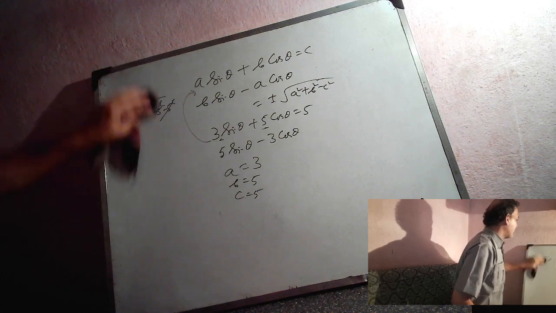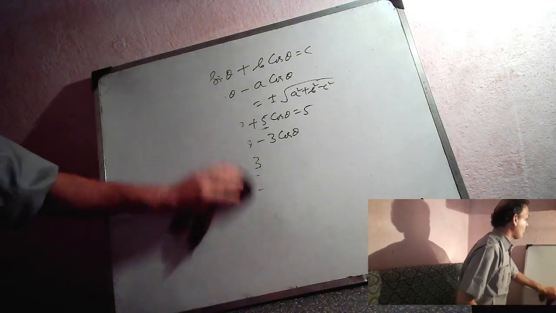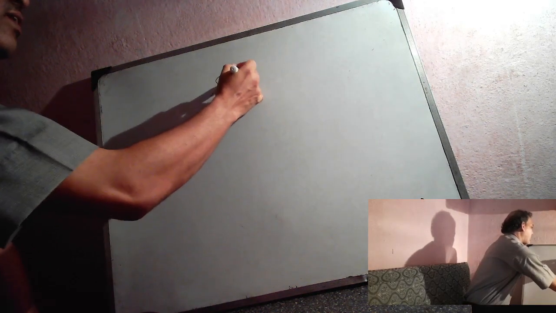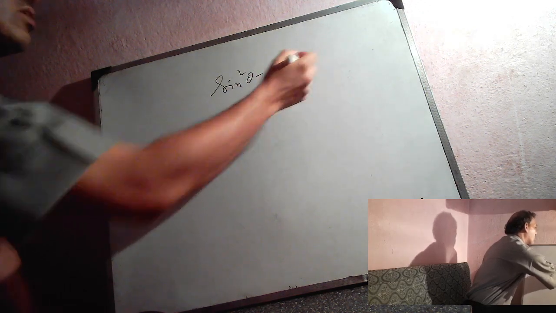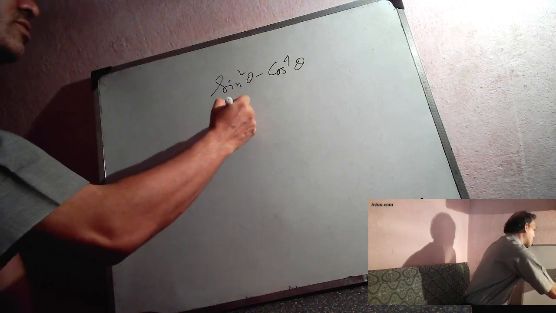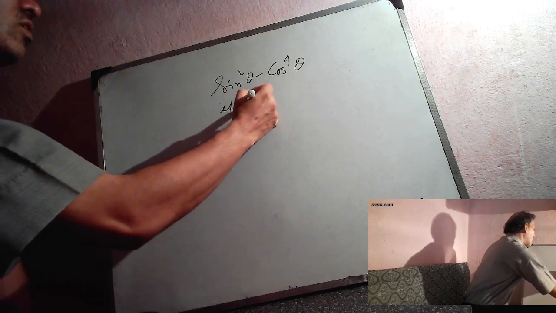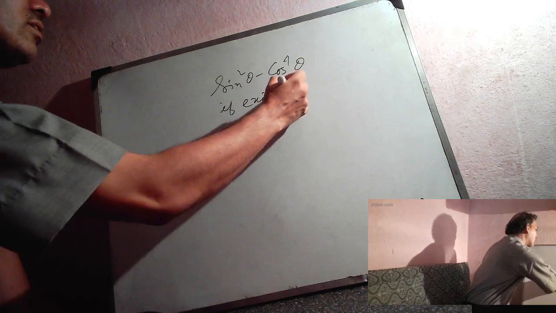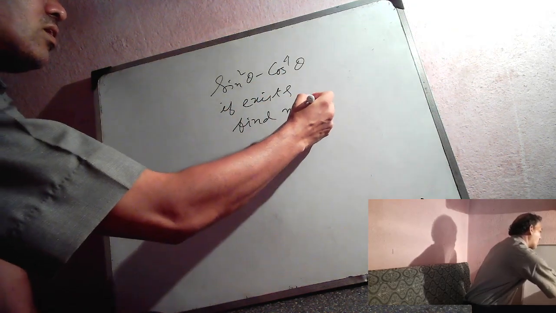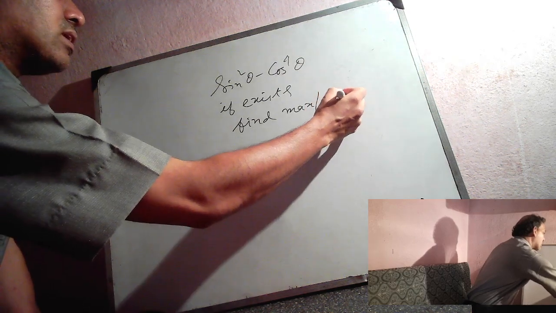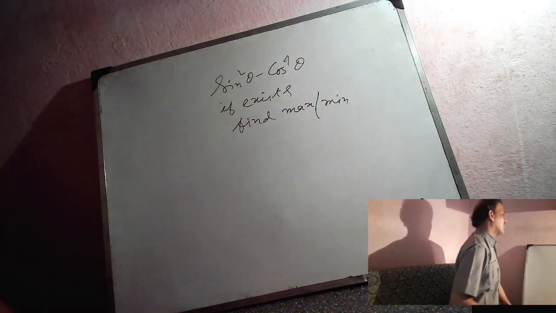Next, if it exists, find its maximum and minimum value. Sin square theta minus sin 4 theta. If it exists, find the maximum and minimum value of this.